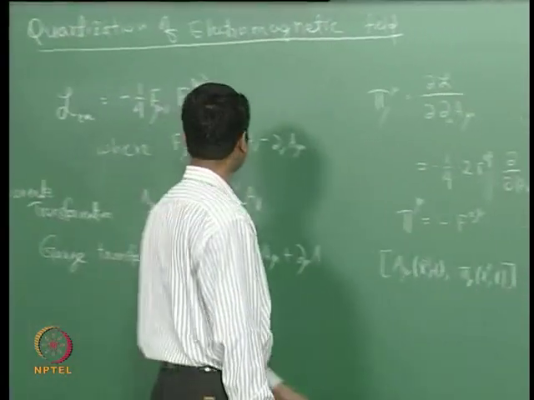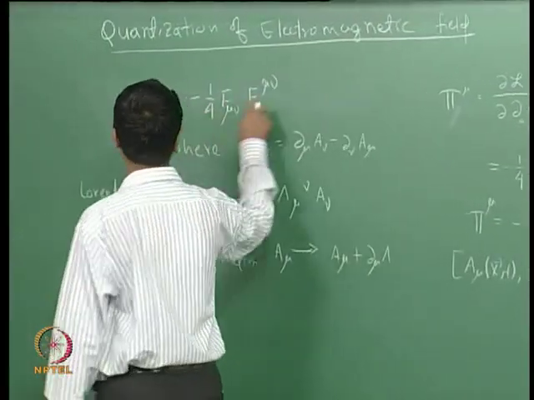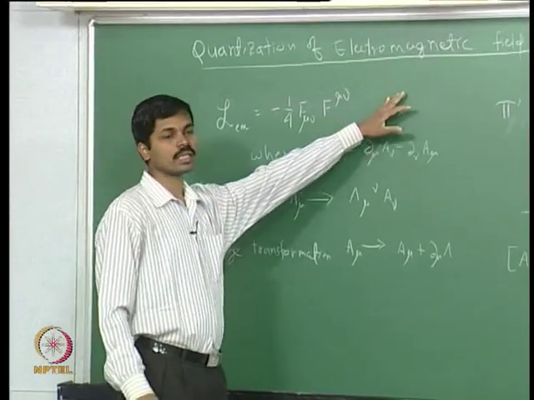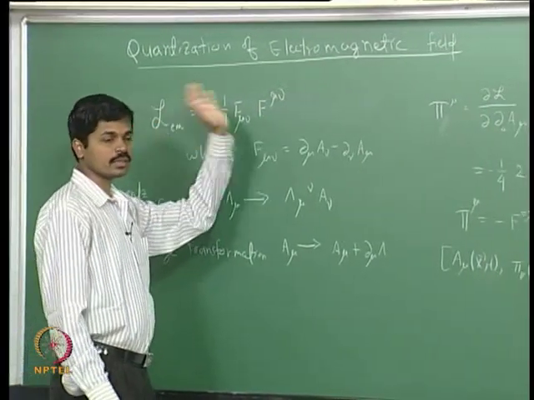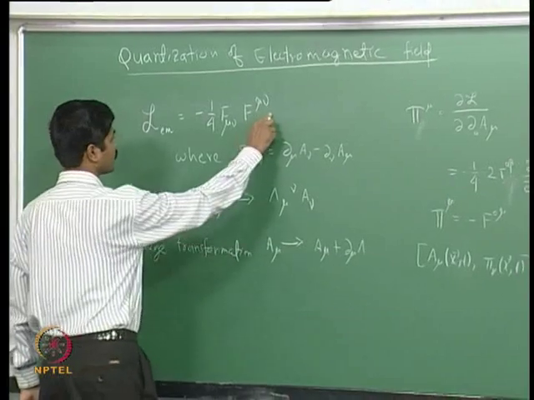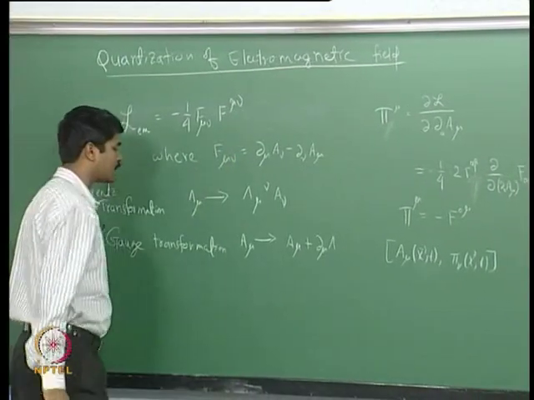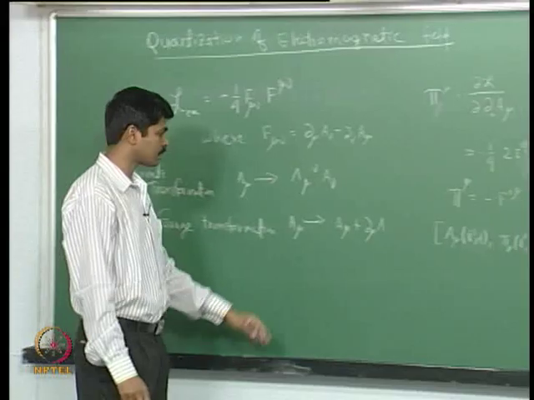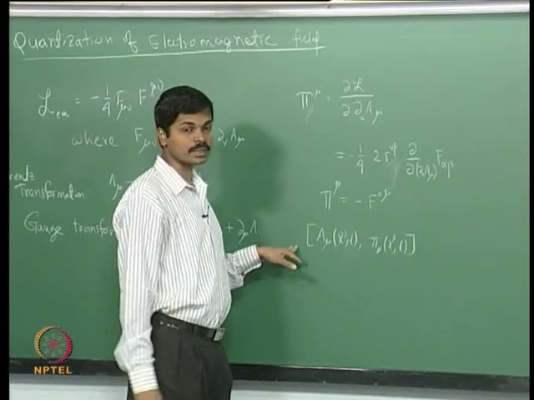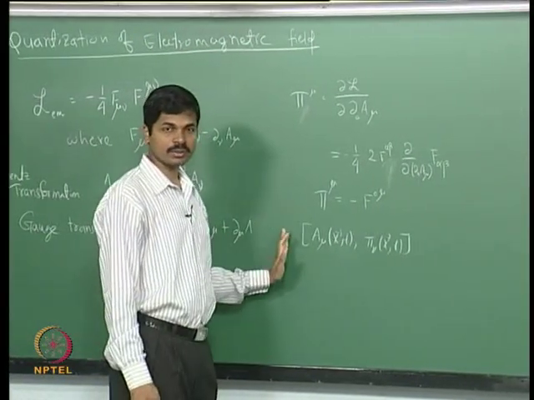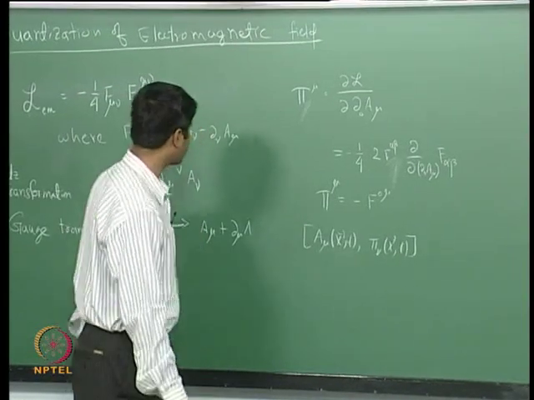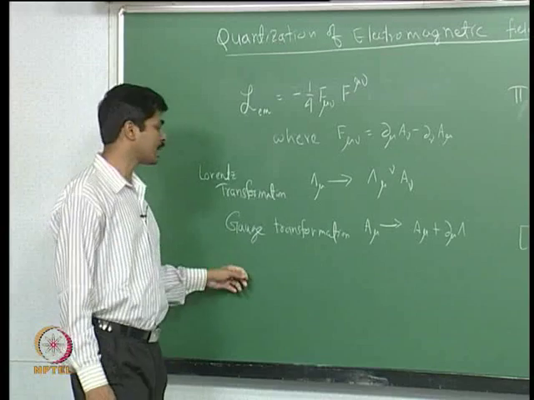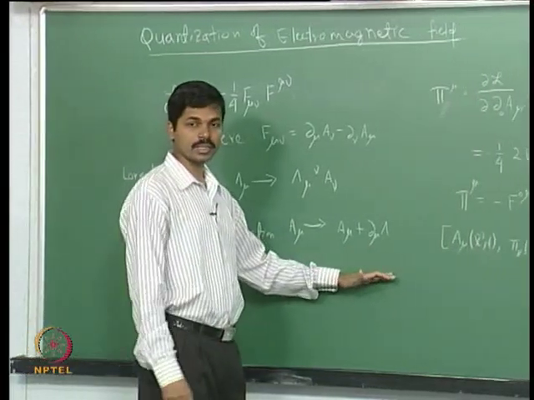Or you can start with this Lagrangian, add additional terms here and then quantize it in a different way. So, we will quantize it in 2 different ways. First, we will fix the gauge and then quantize the theory, and then onwards we will consider the covariant quantization, which we will perform without fixing any gauge.